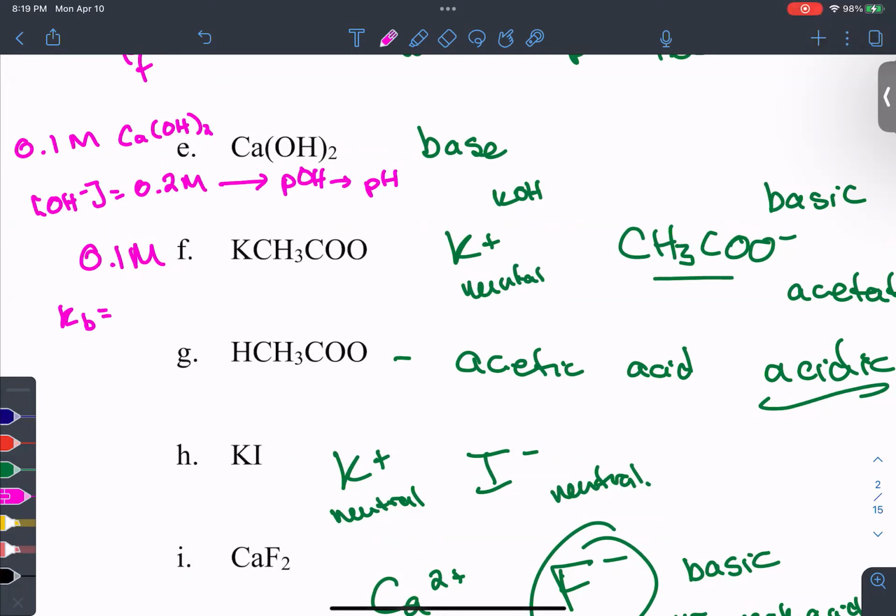No, we will probably be given Ka of acetic acid. So we have to do the Kw over Ka business in order to get Kb, and that is equal to x squared over 0.1 molarity. And then when you calculate for x, x is the concentration of what? OH minus, because you used Kb, right?